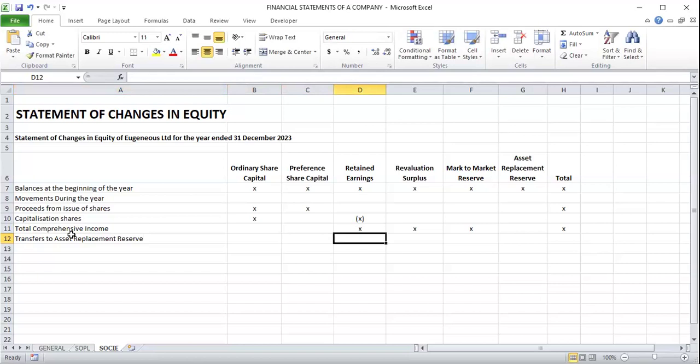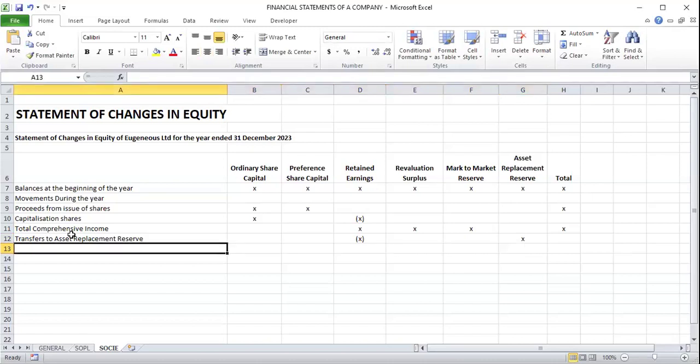So if there are any assets that have to be replaced, we know that it needs a lot of money. So it cannot just be raised in a day. So what happens? Organizations, they save and create a fund. Right. So that fund, where does it come from? It comes from retained earnings. And it will go to the reserve. And it doesn't affect the total because it's a plus and a minus.